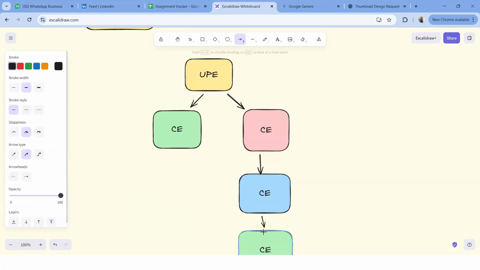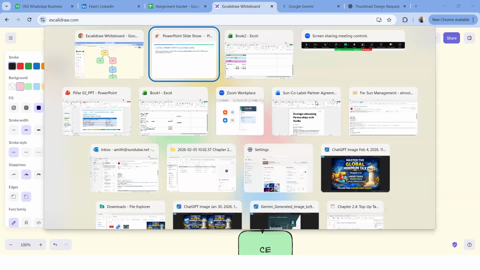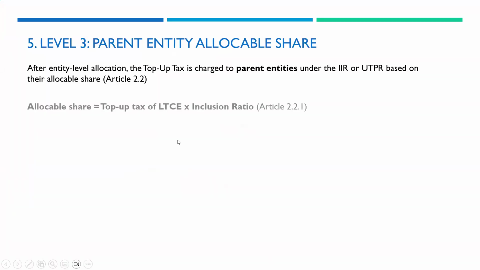And let's say this is a POPE. Then we have to find, then he will pay, right? So that is why after finding the jurisdictional one, you have to allocate it to entities. Do you understand the concept why we are doing it? So this is the whole scenario. Okay, then it goes to the parent level.